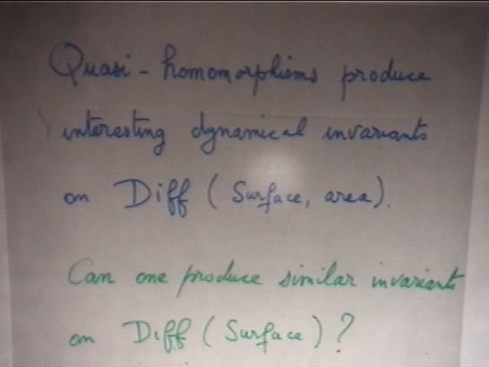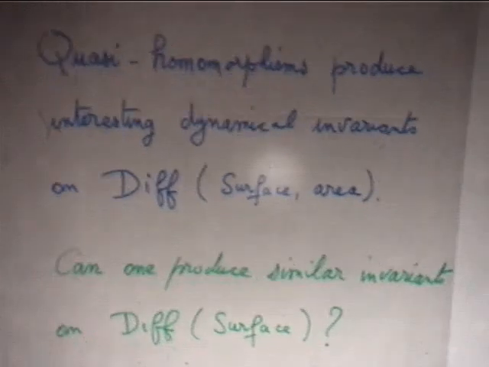For example, I showed you that on surfaces, but I must say that if one takes the diffeomorphisms of a surface which are not respecting area, I have no idea of how to construct similar objects. And in higher dimension, like 3 or more, I have no idea whether or not the commutator length is bounded or unbounded.